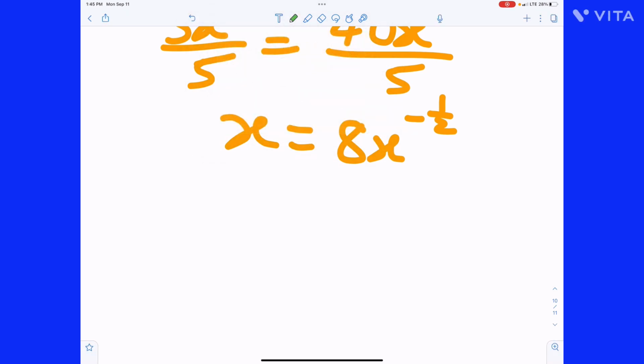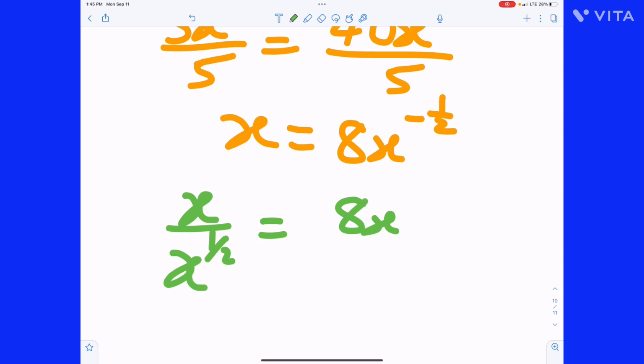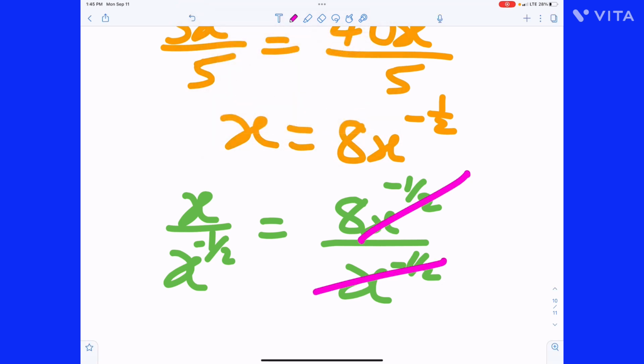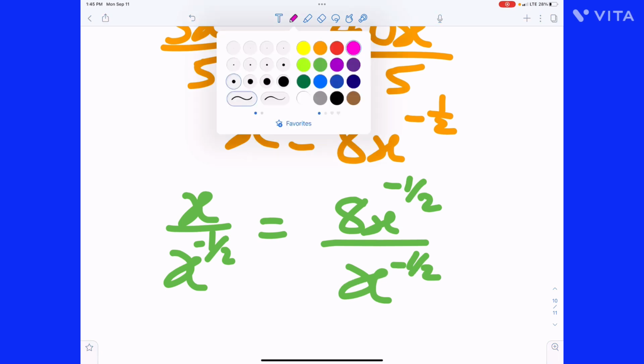Let's continue. So here, let's divide both sides by x raised to power minus half. 8x raised to power minus half over x raised to power minus half. So that means this will cut this, it will not be there again. You have only 8 left. Then you can now simplify your left hand side.